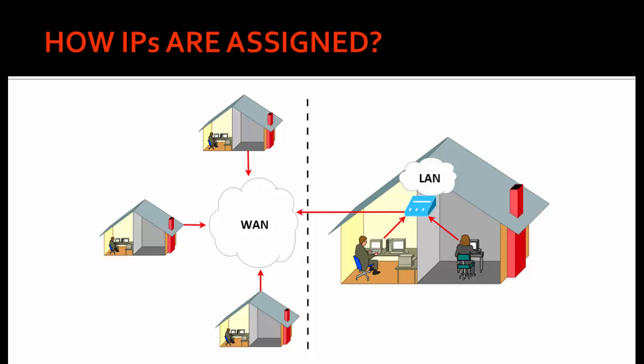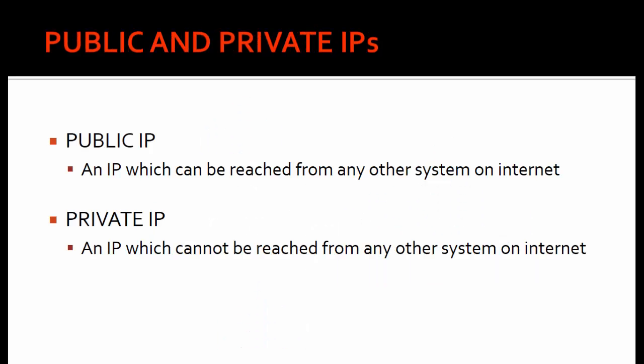So that's why LAN will have a private IP and all the devices inside the home will also have a private IP. The gateway IP will be nothing but your LAN IP through which they talk to the ISP. Now public and private IPs. A public IP is an IP which can be reached from any other system on the internet. A private IP is an IP which cannot be reached from any other system on the internet.